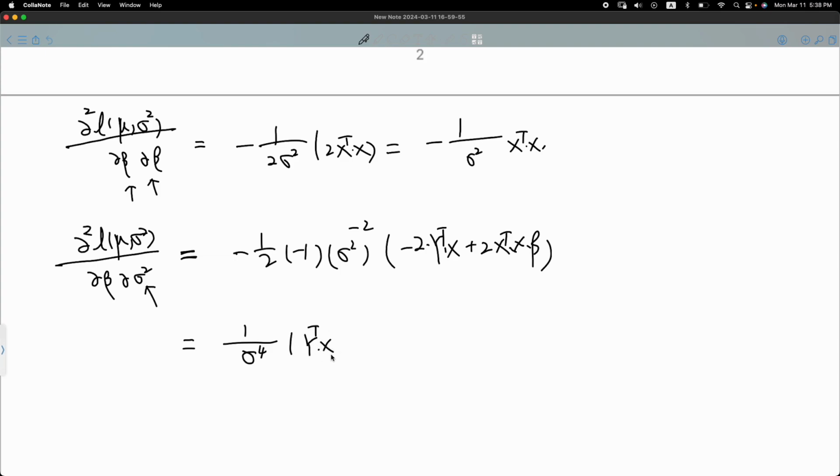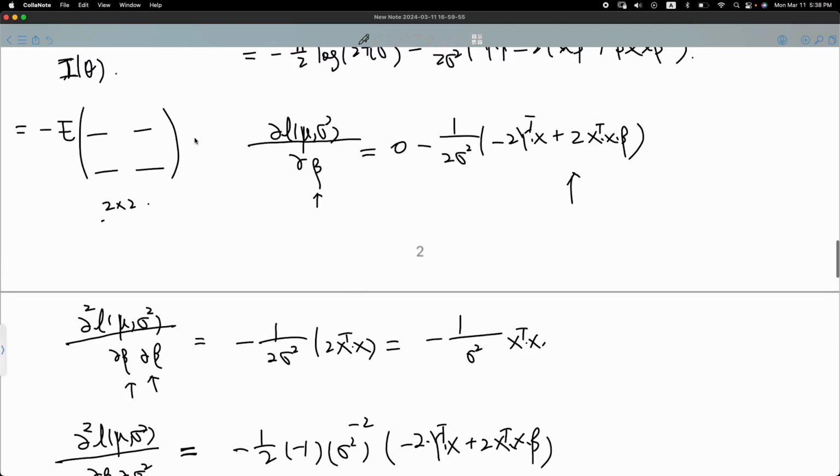So y transpose x, there's a minus sign here: minus y transpose x plus x transpose x beta. I think that should be the second order derivative. Anyone notice any typo? But I think that should be it, right?